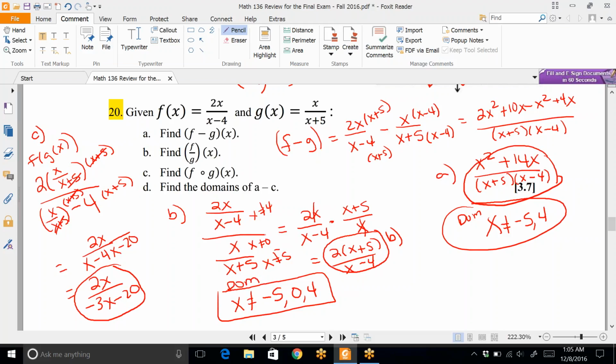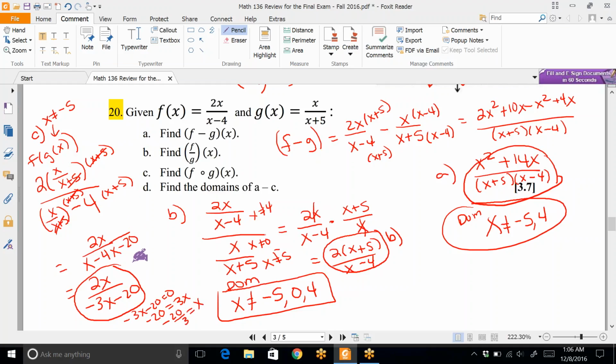For the last one over here, you have to do two things. For the domain of a composition, you find the domain of the interior part, the one you plugged in, which for this one, x can't be negative 5. And then you find the answer at the end. So we set negative 3x minus 20 equal to 0 to see what this problem is. So that would be negative 20 equals 3x. If we add the 3x over, negative 20 divided by 3.